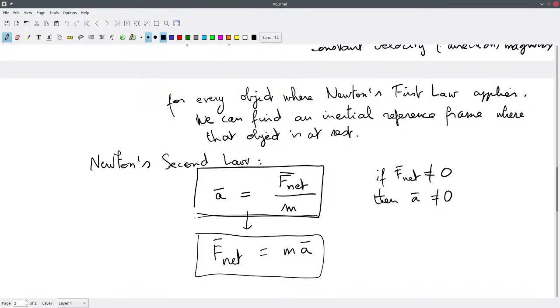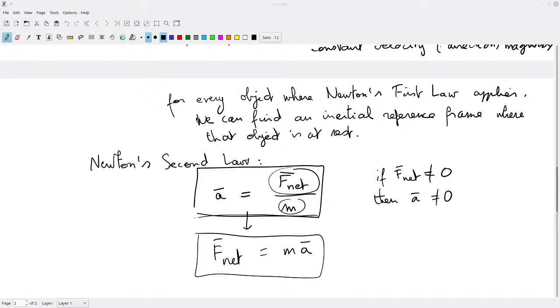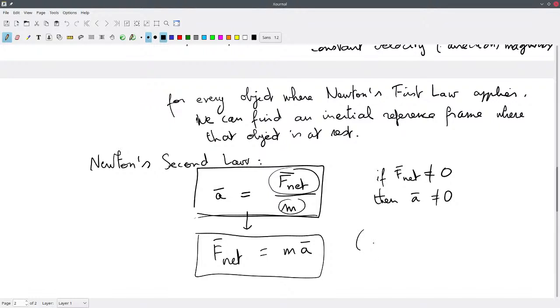So in the case of the problems that we're going to try to treat now, we're going to have to identify the net force. We're of course going to identify the mass of the object, and that will allow us to calculate the acceleration. One thing I will note here for completeness is that m must be constant for this expression. Now you might be wondering, what are some situations where m would not be constant?